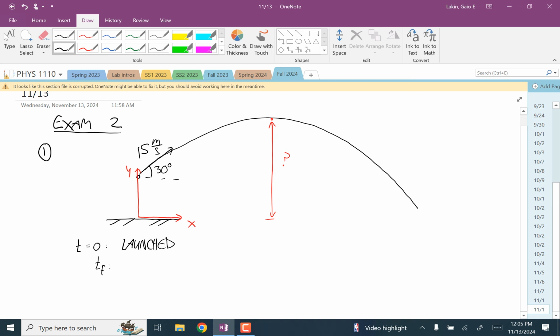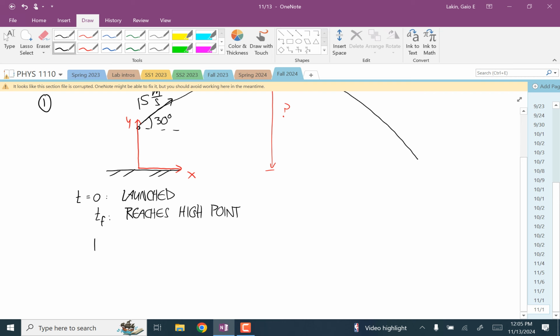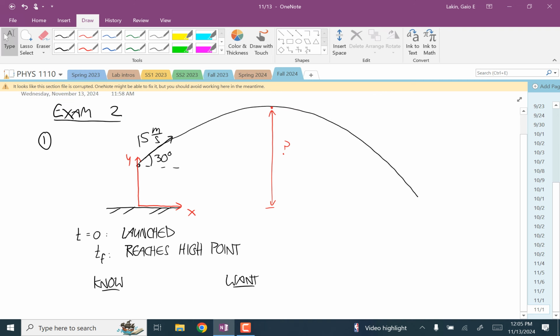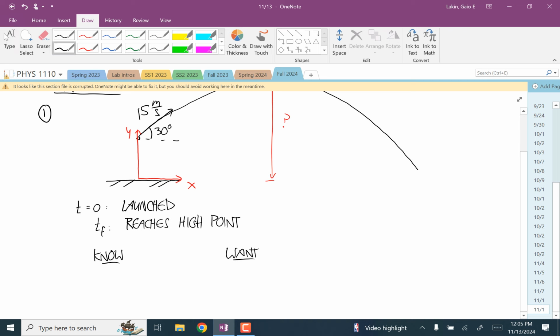Time final is going to be when it reaches the highest point. We don't know how long it takes to get to the highest point, so we don't know tf.